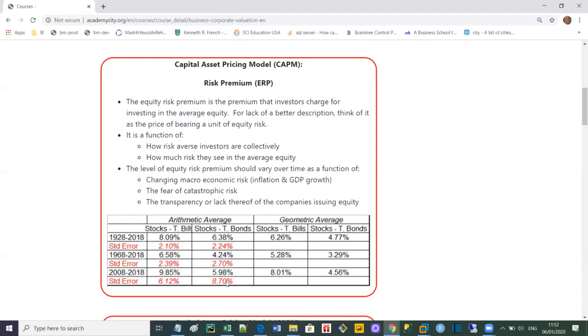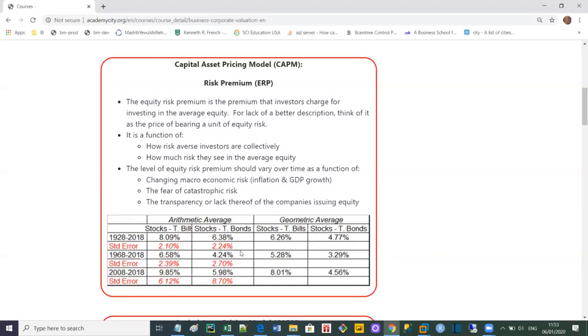And it's true for any period we use. We would have to use something like 400 years in order to reduce the standard deviation to a smaller number. But that's what we have.